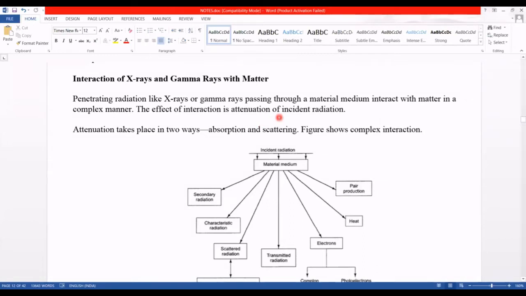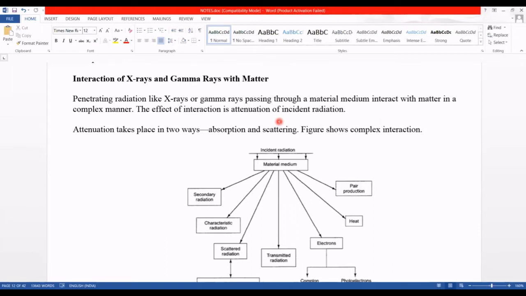Now see this. Here the effect of interaction is attenuation of the incident radiation. Suppose you impose radiation on the matter; the radiation penetrates into the matter, which causes a reduction of the effect of the radiation.